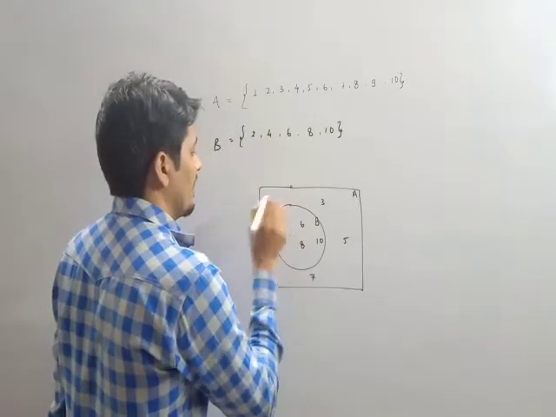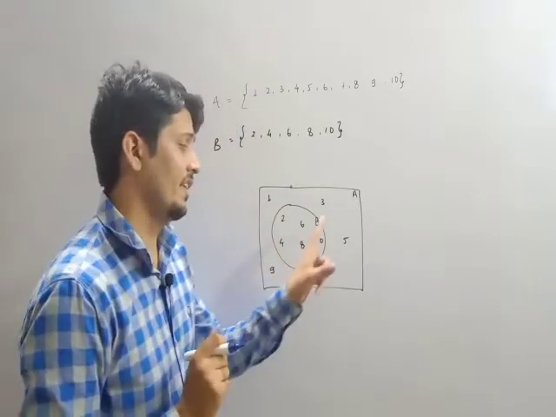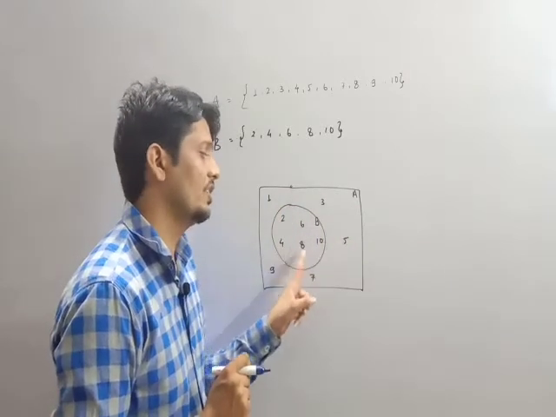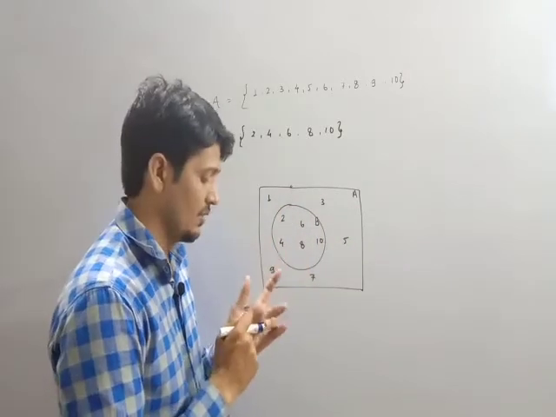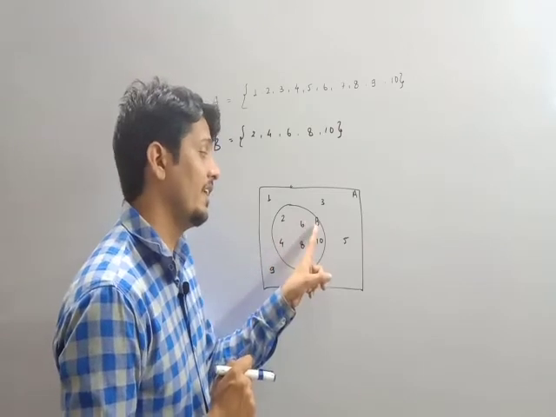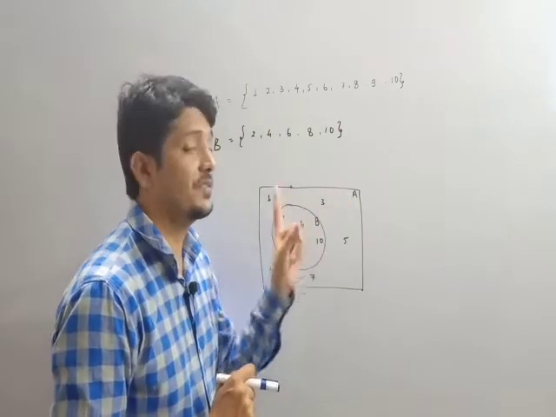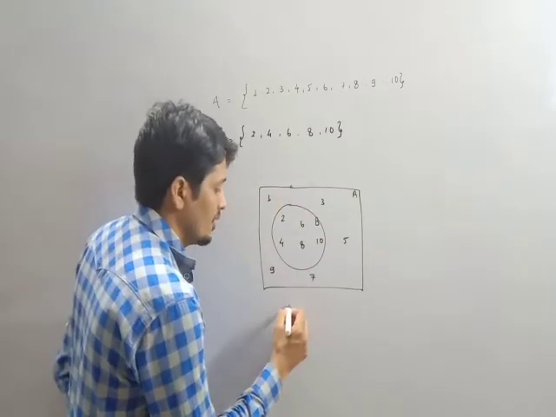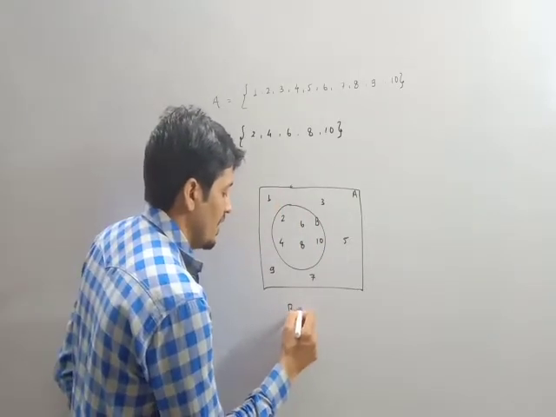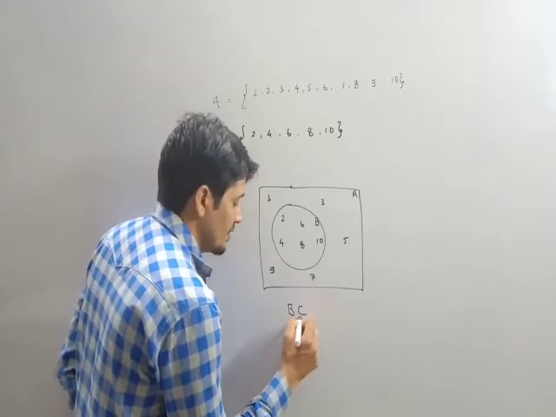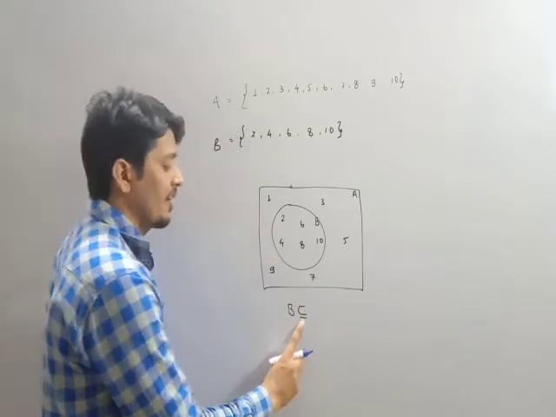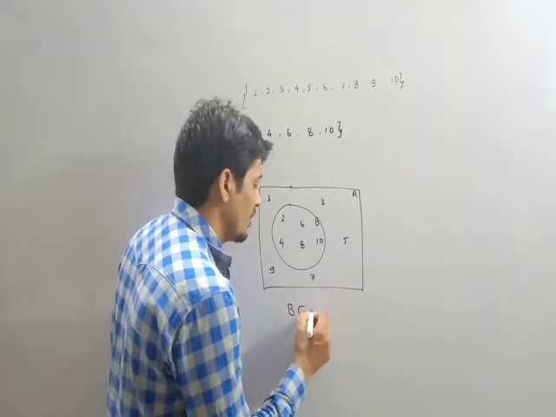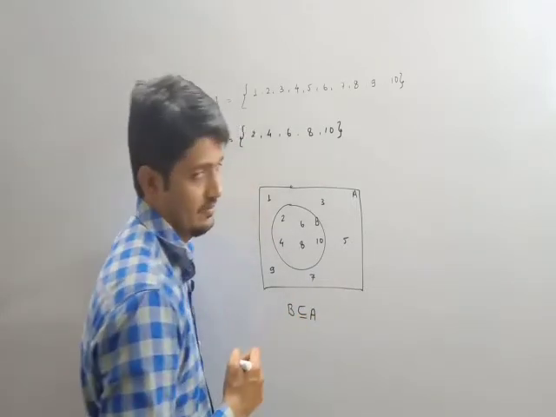So if we say set A contains all these members as well as all these members, that means we can say set B is the subset of set A, and we are representing it in this form. This is the representation of subset. So B is the subset of set A.